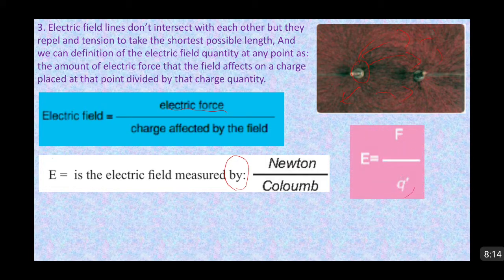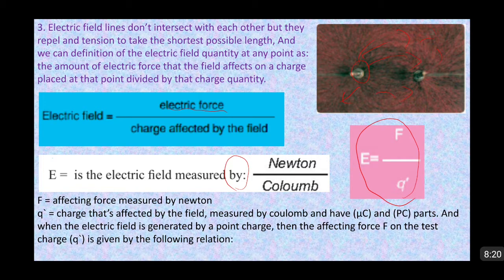Or we can write the symbol E equals F over Q. F is the affecting force measured in Newtons, Q is the charge affected by the field measured in Coulombs, and there are also the microcoulomb and picocoulomb parts. Do you remember micro and pico?